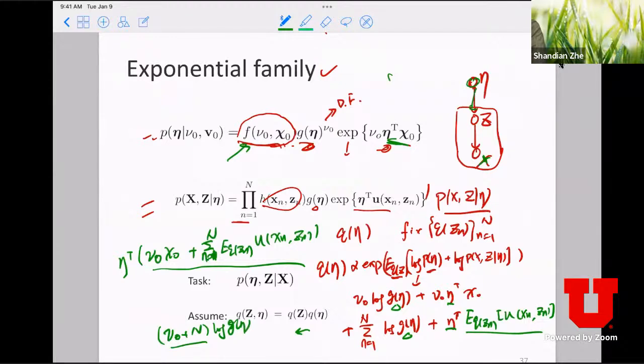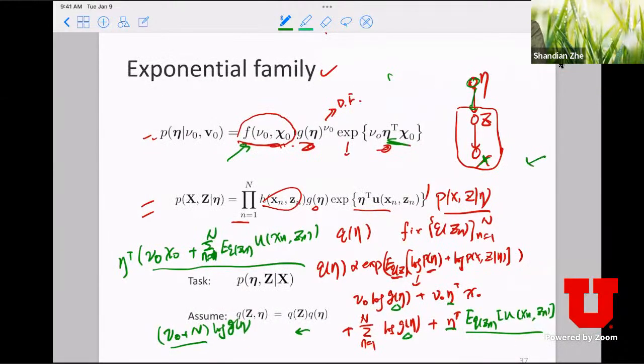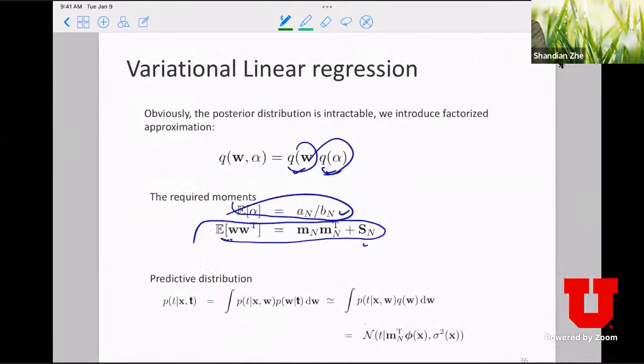Actually, variational linear regression falls into this form. We can use this general update form to instantiate this variational linear regression model as well, if you want.